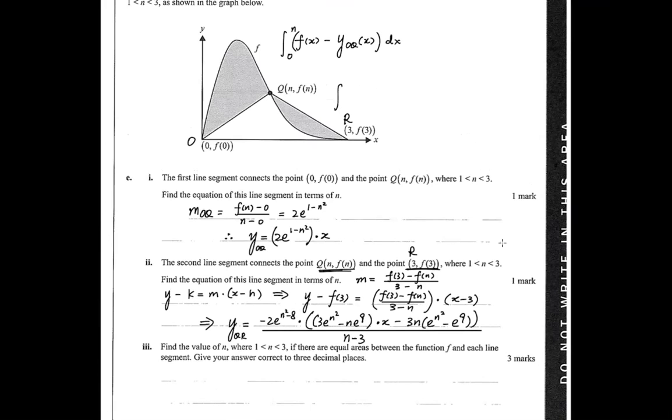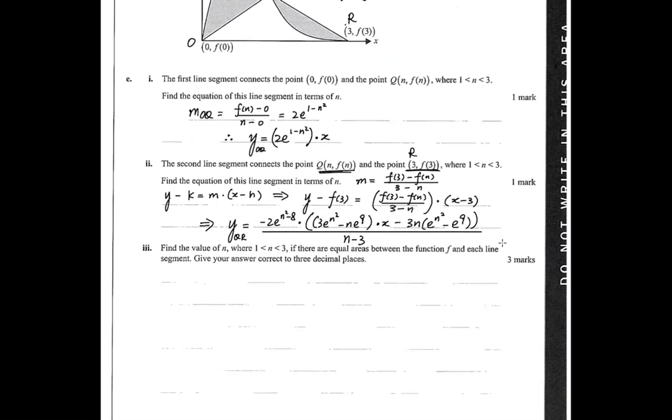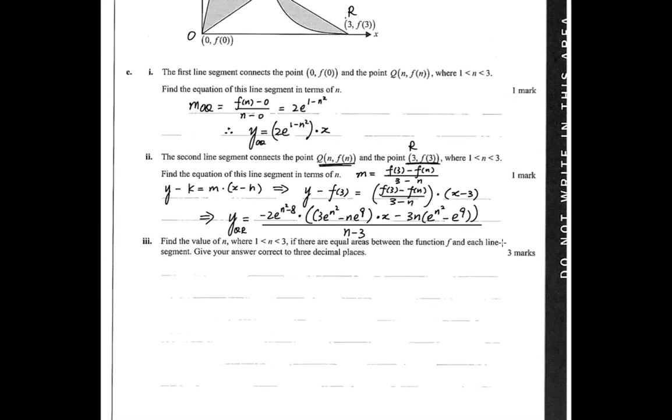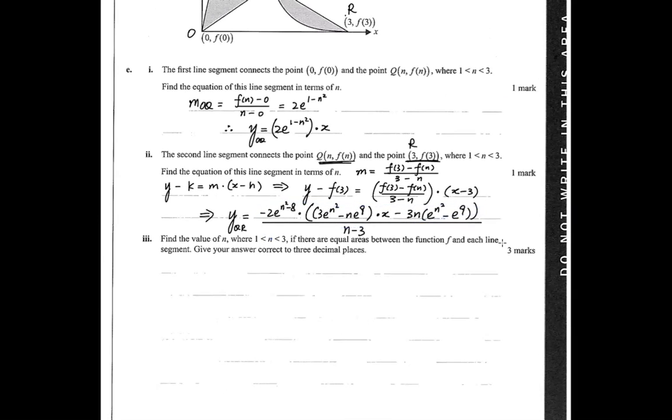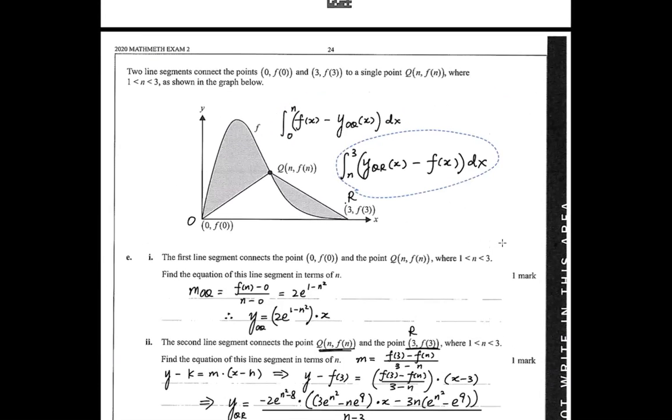Another bit is the integral from n to 3 of (y QR of x minus f of x) dx. Essentially, if the areas are equal to each other, you just equate this integral with that integral, okay? So instead of writing every long tedious expression, I will be writing the generic expressions, okay? So copy down everything here.